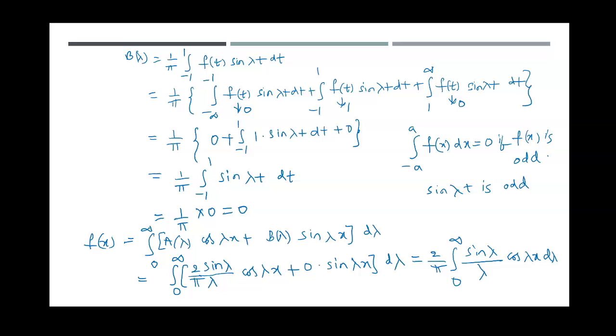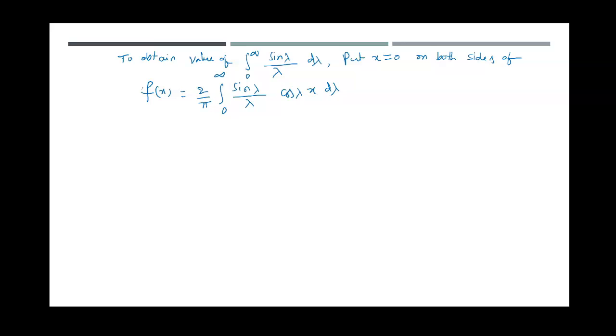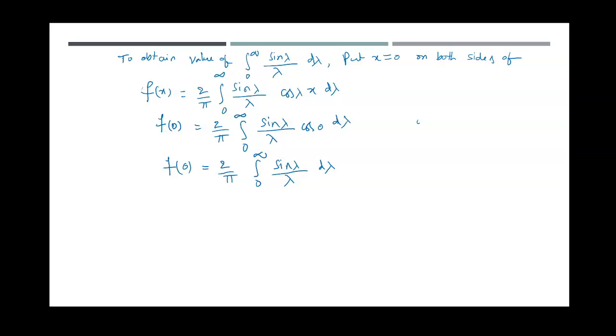In this integral, if you put x equal to 0, we get the required value. So f of 0 equals 2 by pi integral 0 to infinity sin lambda upon lambda cos 0 d lambda, so f of 0 equals 2 by pi integral 0 to infinity sin lambda upon lambda d lambda, since cos 0 equals 1.